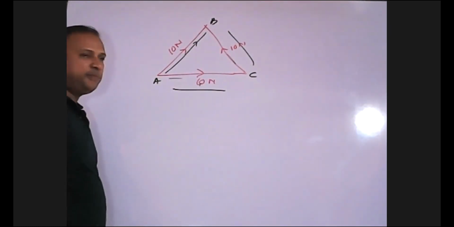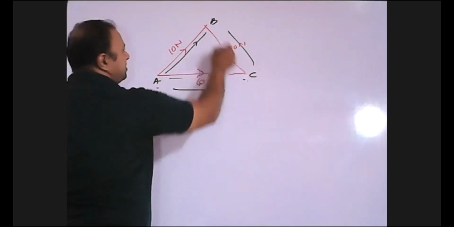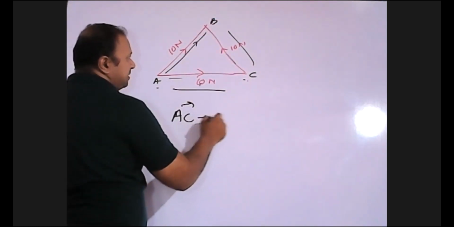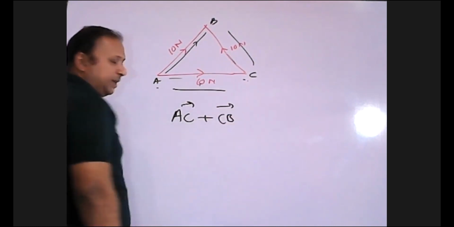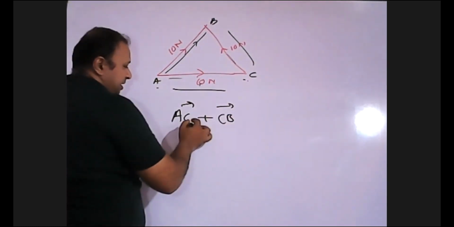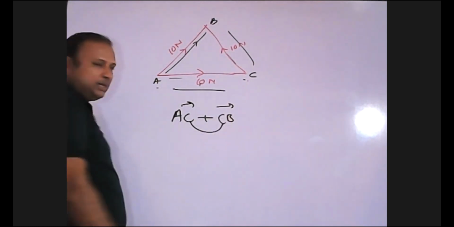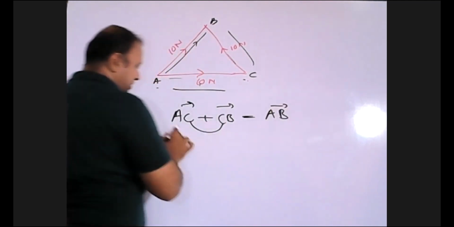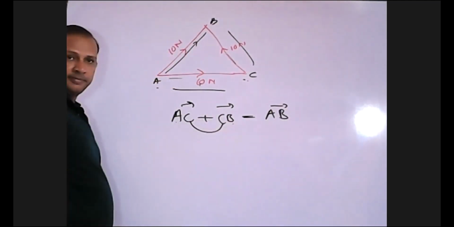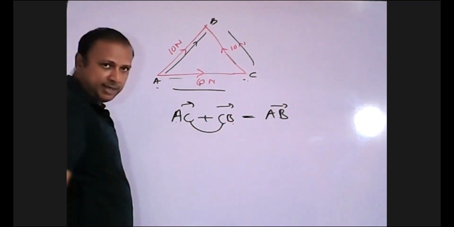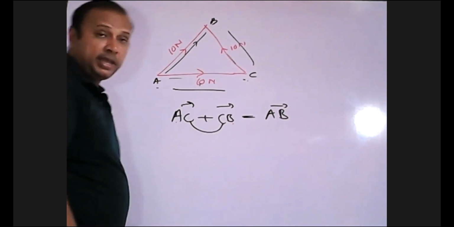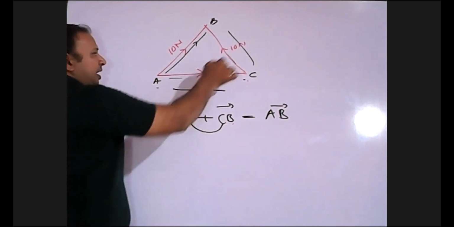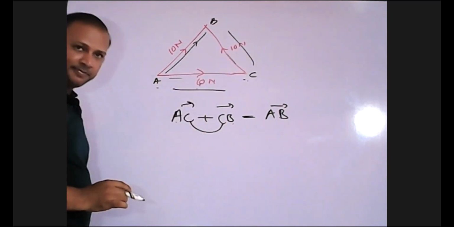This is AC vector plus CB vector. If I add AC plus CB, these two will be cancelled out, and I will have the AB vector. This is the starting point, this is the end point, and those two are coincident. So the AB vector is equal to the resultant force of them.